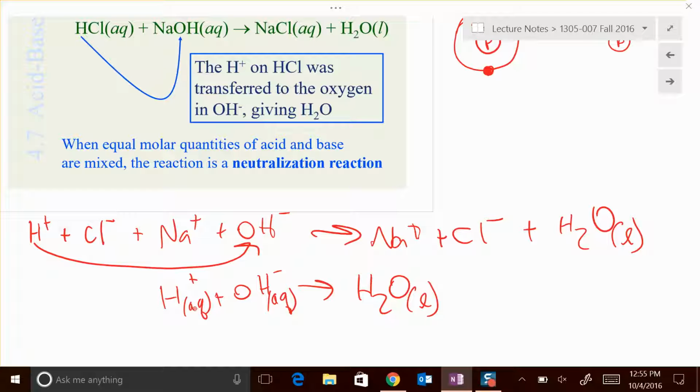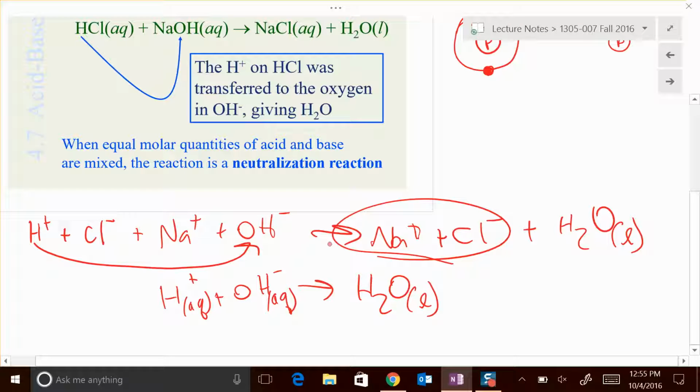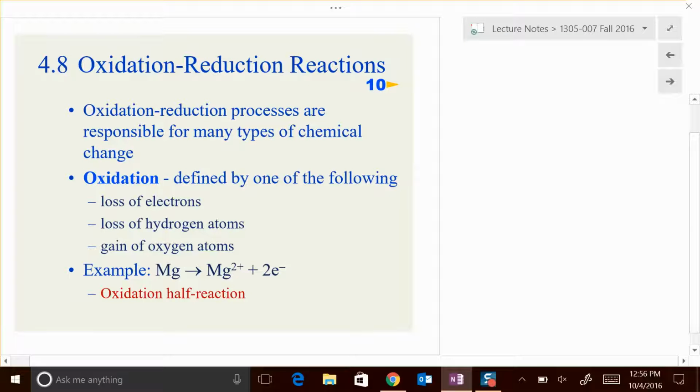You form a salt, sodium chloride, that just remains dissolved. If you evaporated all the water, then those sodium and chlorine ions would come together. But as they are in solution, they are spectator ions. They're not doing anything. They're not reacting with anything. Okay, so that's the basis behind acid-base chemistry.